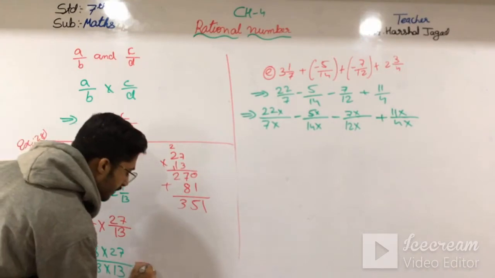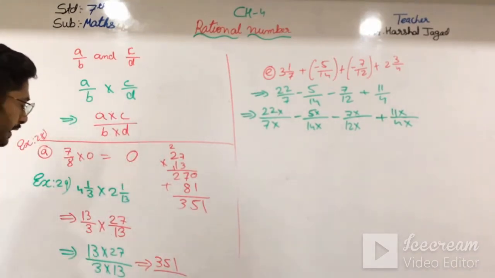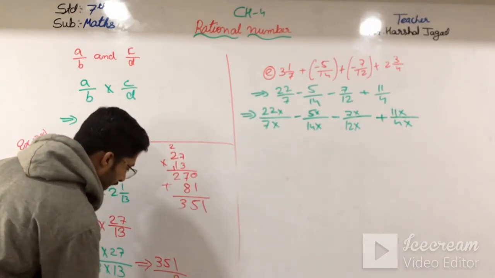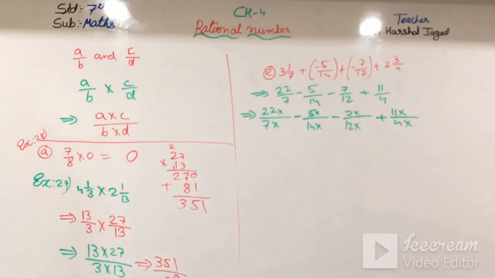Our answer is 351 upon 13 into 3, that is 39.